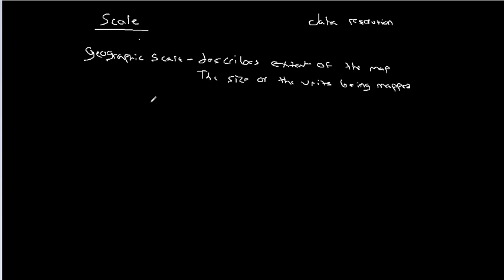Right, and so for geographic scale, someone might say, yeah, we're going to be mapping at the county level. Or you might hear somebody say we're mapping something at the global scale.